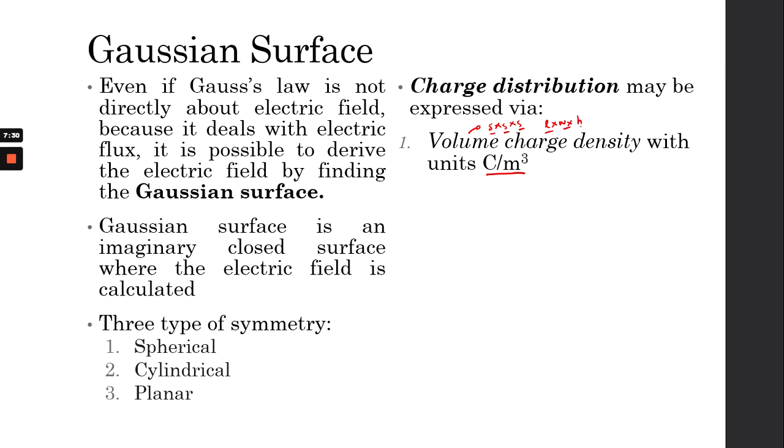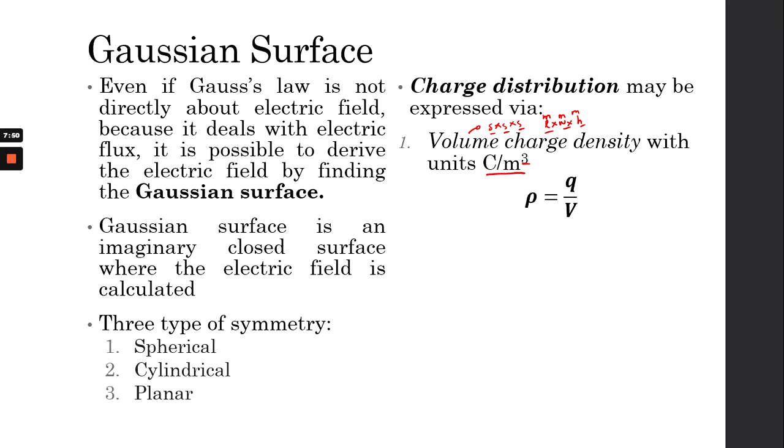You can measure this in terms of meters. So when we talk about volume charge density, it's usually coulombs per meter cubed. The cube there tells us that this is a volume charge density, so the charge distribution is in terms of volume.